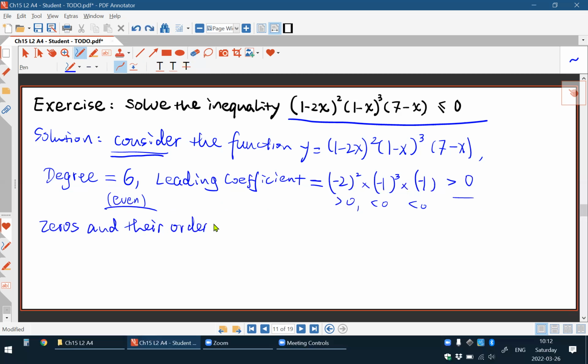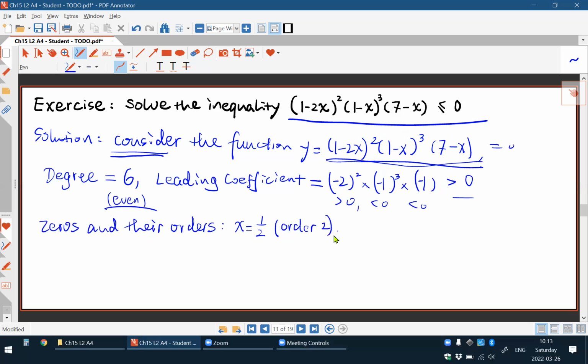Okay, so luckily, the function has already been in factored form. Factored form makes it easier to find all the zeros, right? If you let y be 0, you can simply find either this is 0 or this is 0 or this one is 0, right? So that means the zeros are, first of all, x can be 1/2 with order 2, right?